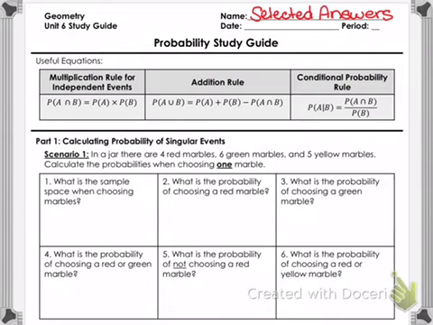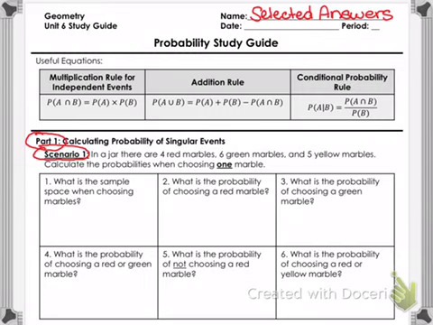Alright, so take out your study guide. Hopefully you're looking at part 1 right here, scenario number 1. Scenario number 1 says, in a jar there are 4 red marbles, 6 green marbles, and 5 yellow marbles. Calculate the probability when choosing one marble. So before we can begin, if you remember from our previous videos, in order to calculate probability, you always have to know first the total amount you are picking from.